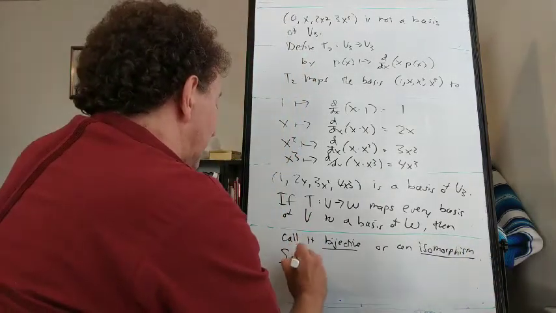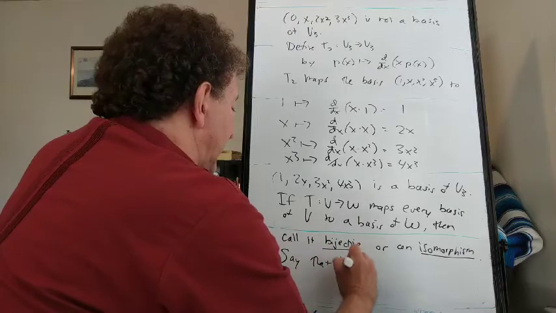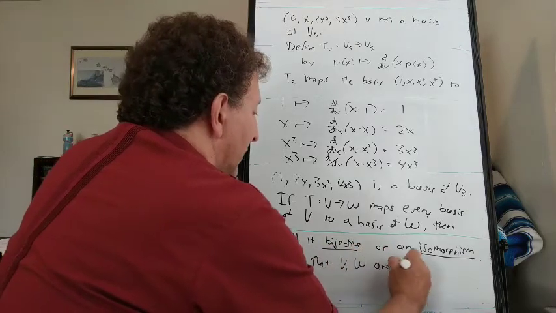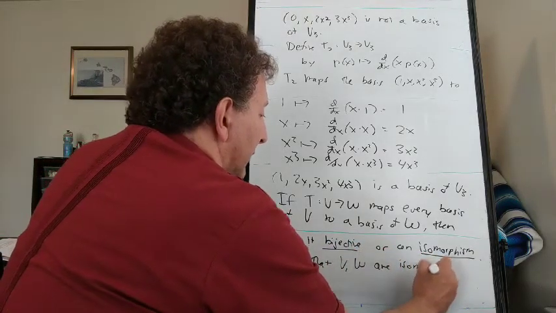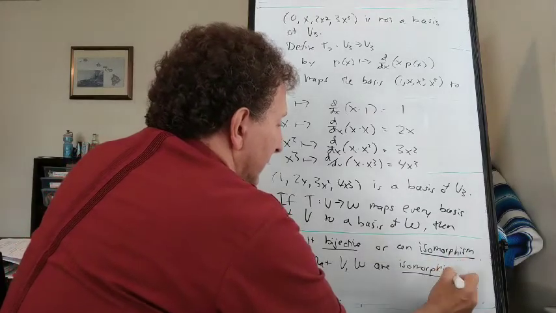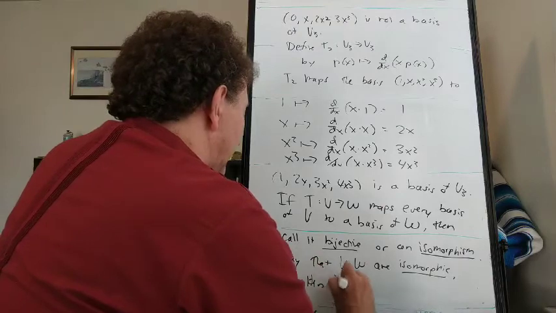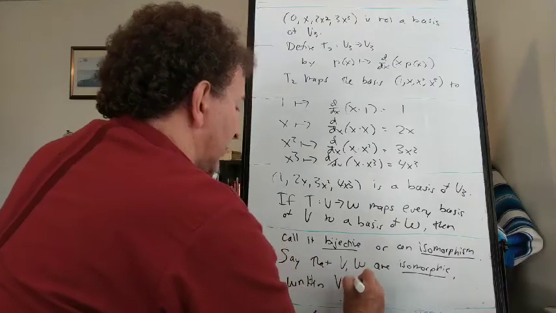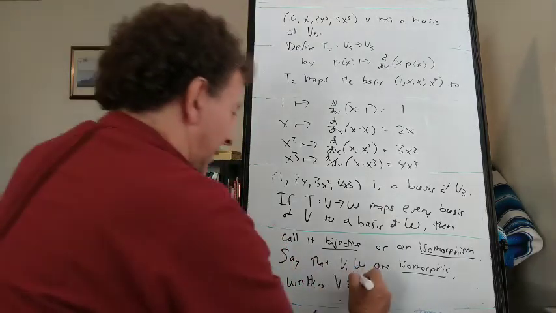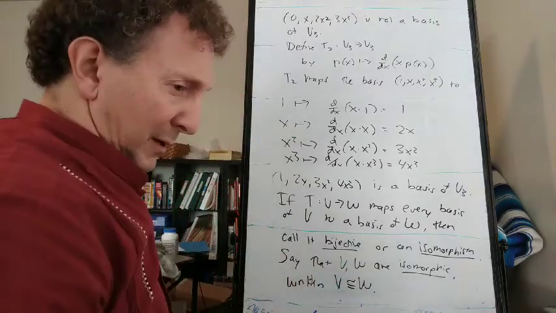And then we say that V and W are isomorphic. And this is usually written V equal sign with a squiggly line on top, W. V is isomorphic to W.